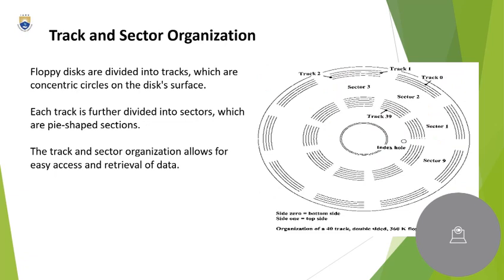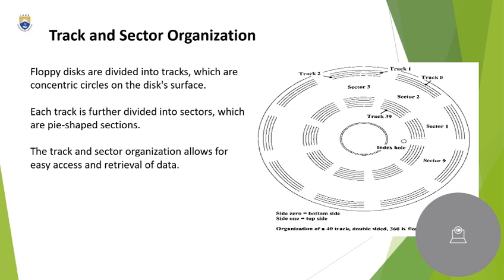After this, our next slide is about track and sector organization. Floppy disks are divided into tracks, which are concentric circles on the disk surface. Each track is further divided into sectors, which are pie-shaped sections. The track and sector organization allows for easy access and retrieval of data.